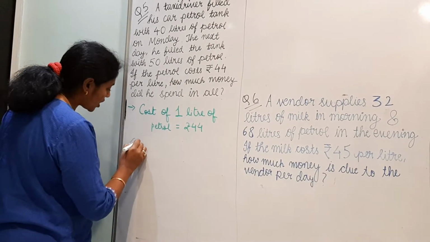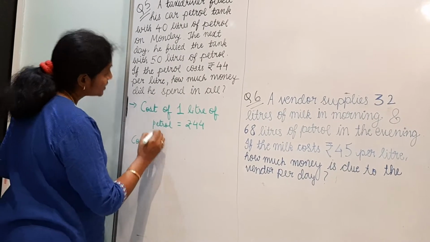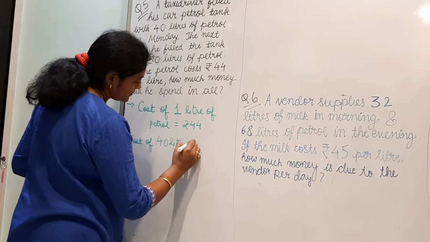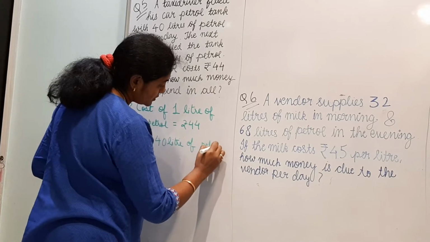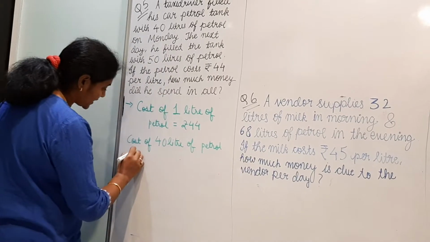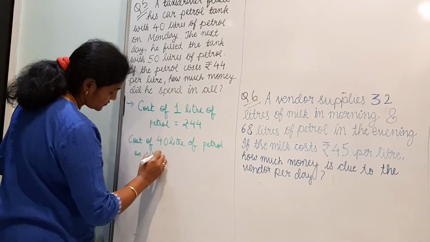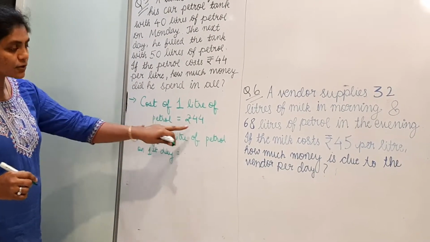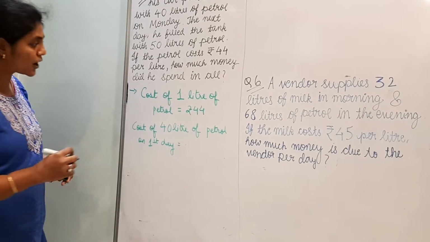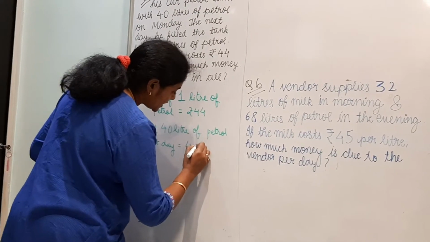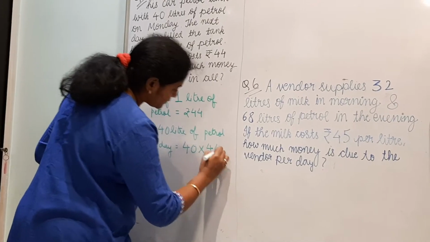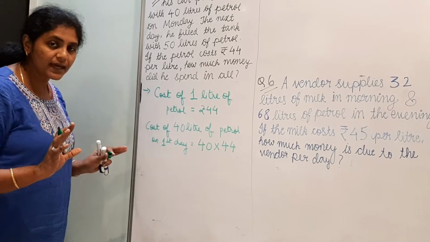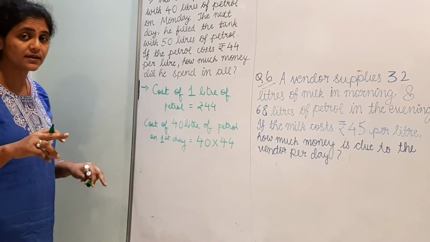Now the cost of 40 liters of petrol on the first day. So that will be how much? 1 liter is rupees 44. 40 liters will be how much? 40 into 44. Yes, this much rupees. We will not multiply. We have to use properties here.